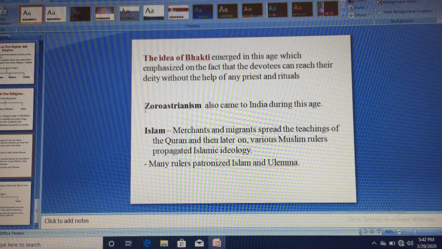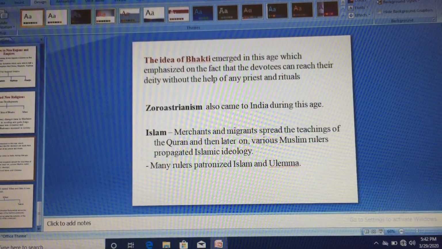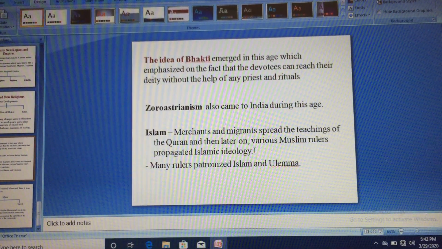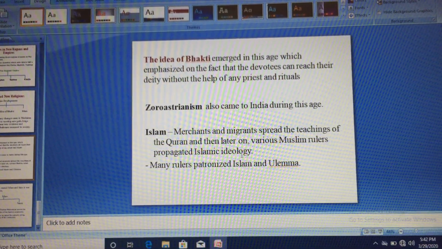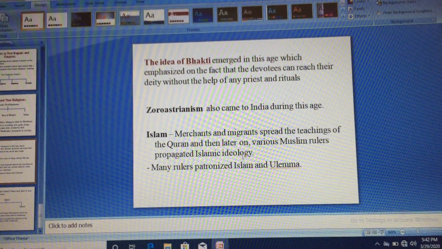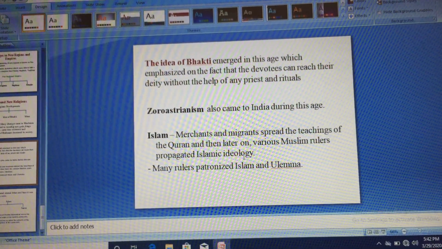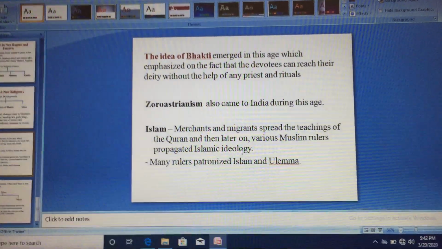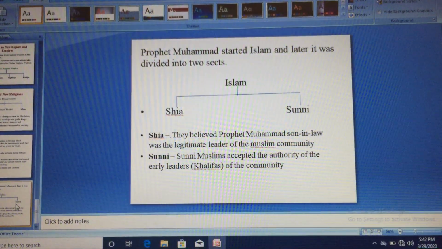This was a new religion which came into India in the medieval period. And Islam, as I told you earlier, was also a new religion which came to India. Merchants and migrants spread the teachings of the Quran, and later various Muslim rulers propagated the Islamic ideology. Many rulers patronized Islam and the ulema as well.